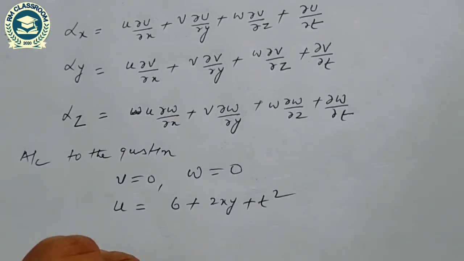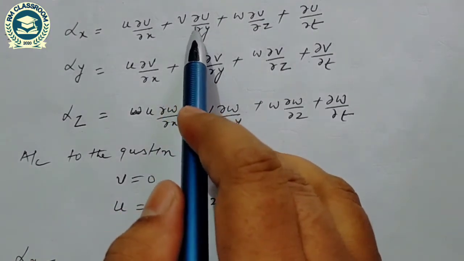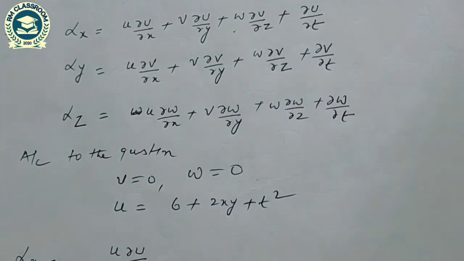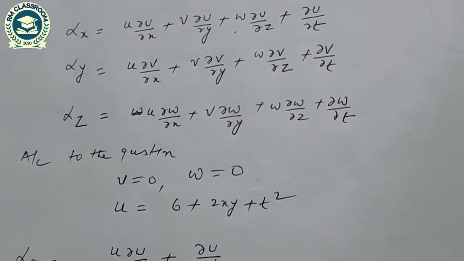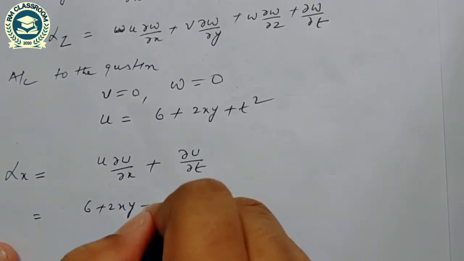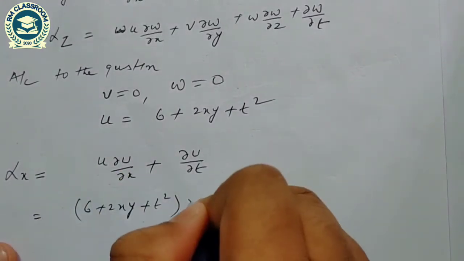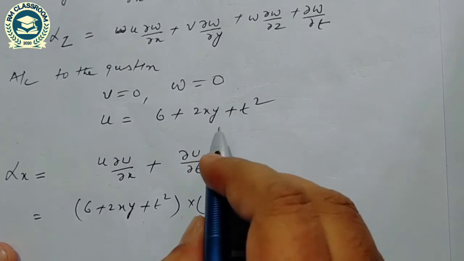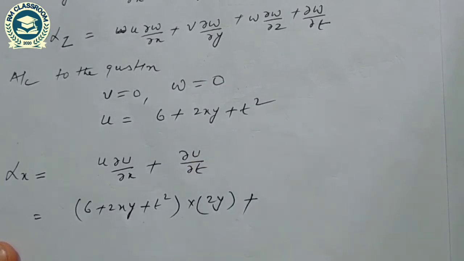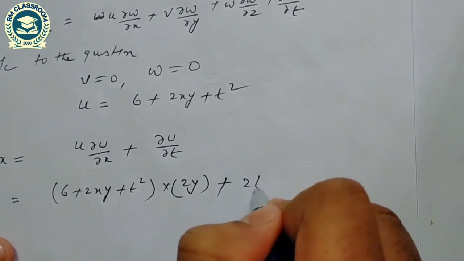So acceleration can be computed. Alpha x is equal to, this component is 0, this component is 0, means u del u by del x plus del u by del t. So u is 6 plus twice xy plus t square into del u by del x. So del u by del x is twice y, plus del u by del t is 2t.